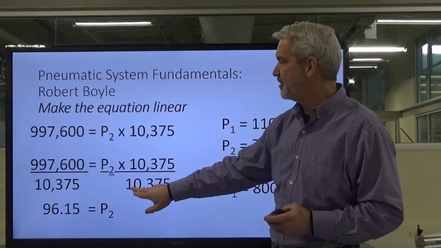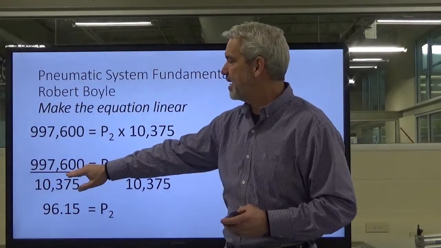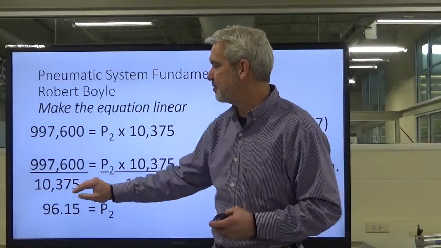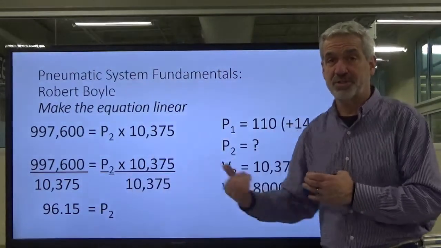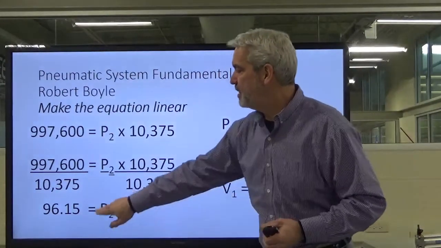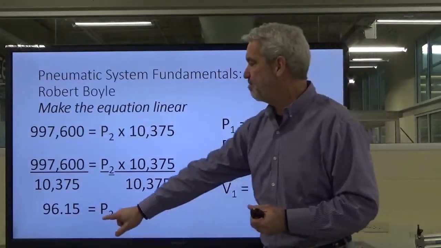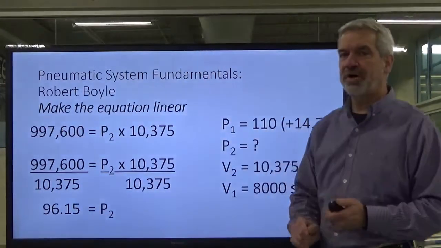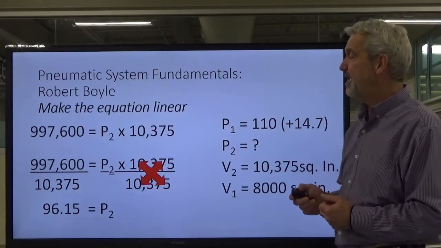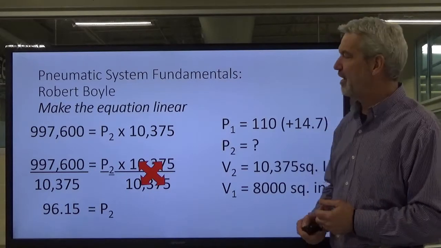These cancel out. Take the 997,600 that we calculated earlier, divide it by 10,375, because you got to do to one side what you do to the other. So do the math there, and we wind up with P2 all by itself with a pressure of 96.15 absolute pounds per square inch. My arrow's a little late, that's okay.